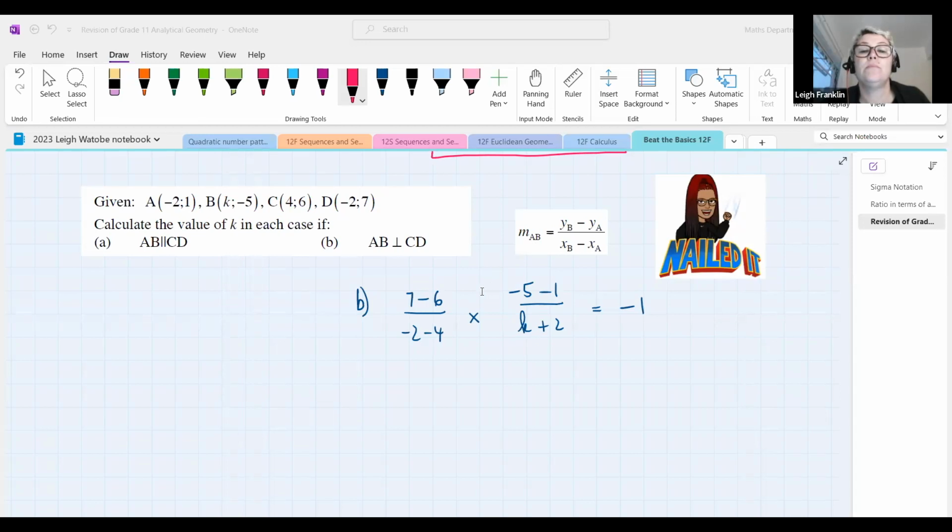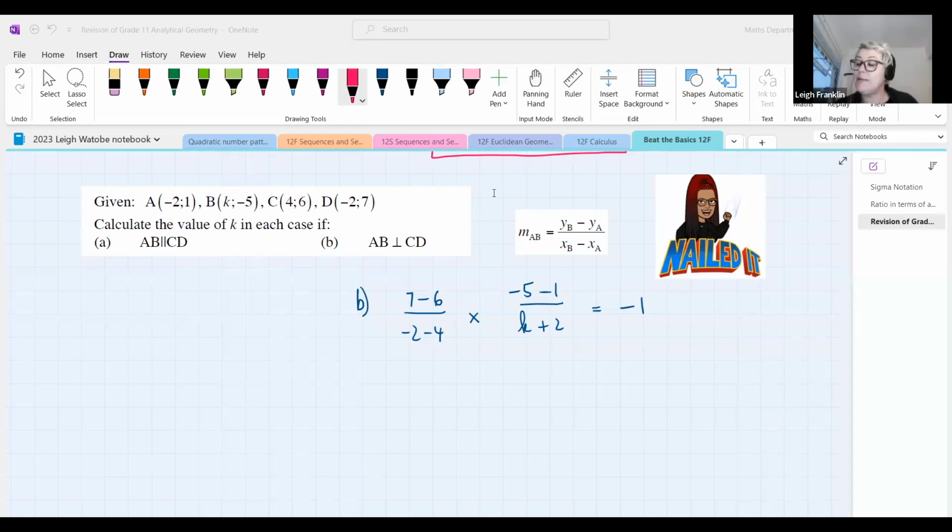I calculated it wrongly, but I got 4. Okay, so Lebogang got -3. I also got K equals -3. Gugu and Lebogang, I got the same answer as you. I also got K is equal to -3 in this case.